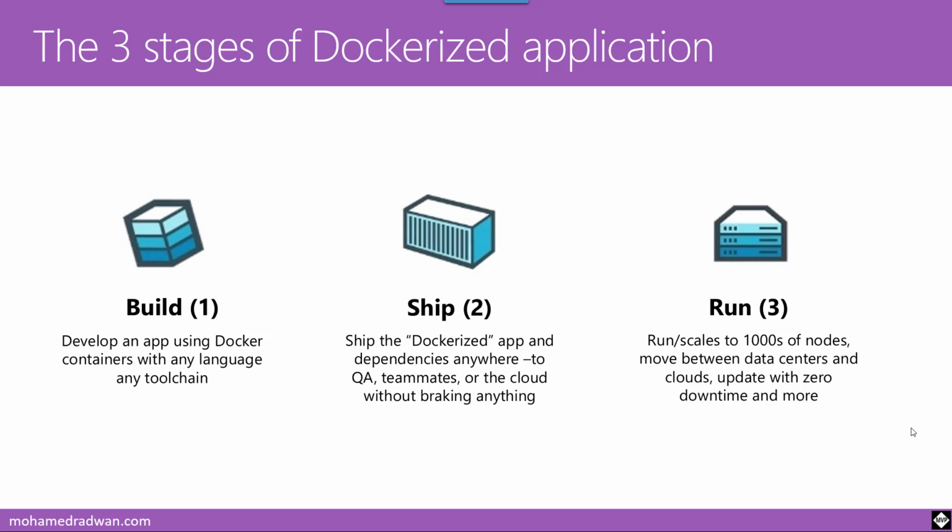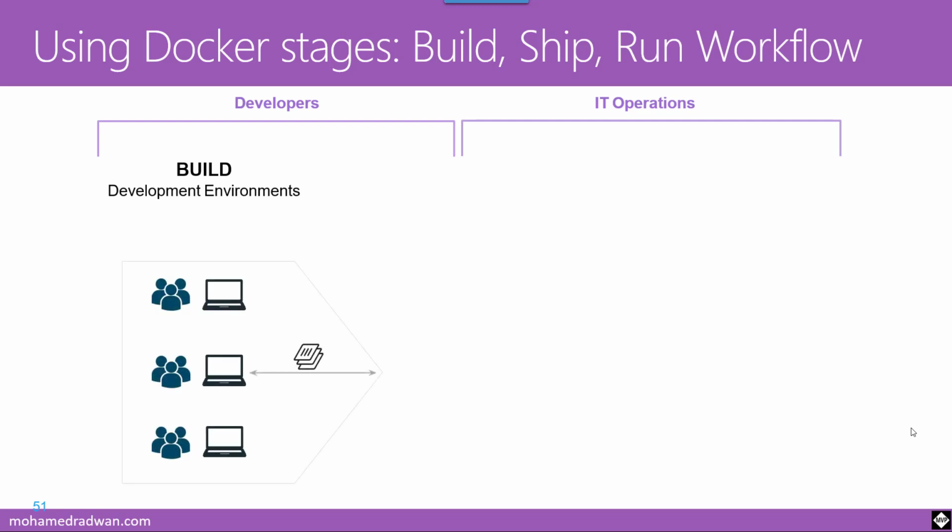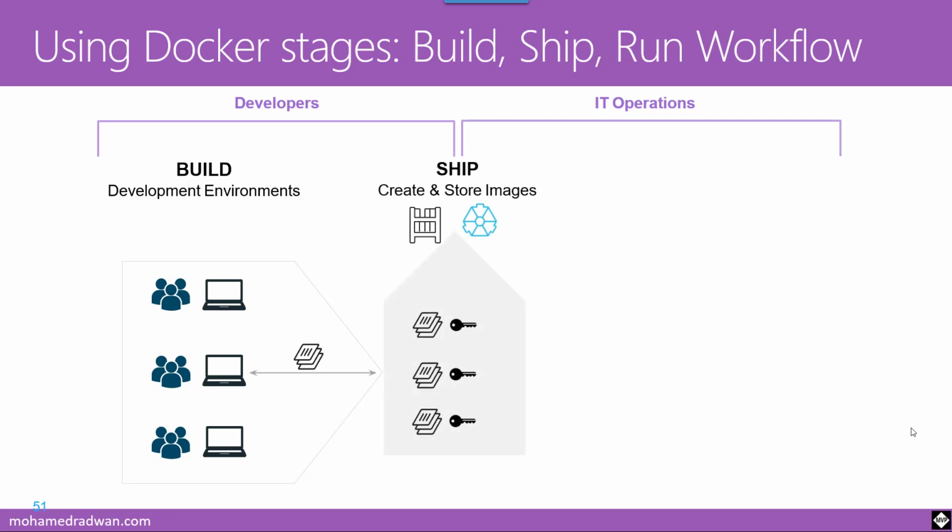So let's get more details about these stages in a workflow. We have two parts of the workflow: the developers, and the IT operations, DevOps, or site reliability engineers. Usually, developers build the containerized application on their machine. Then, moving to the next step, which is ship, they create or store the images on the Docker registry, and these images include several versions with tags and so on.